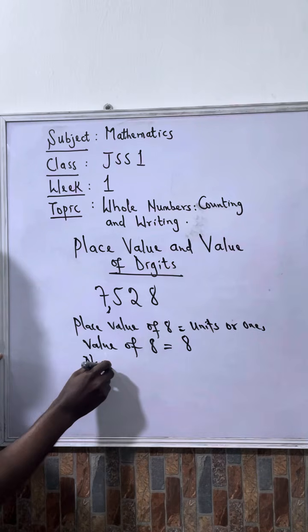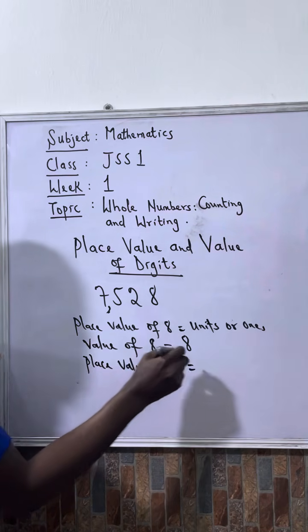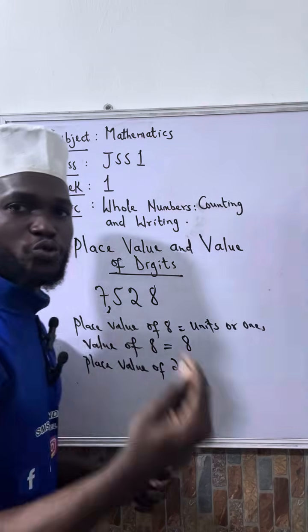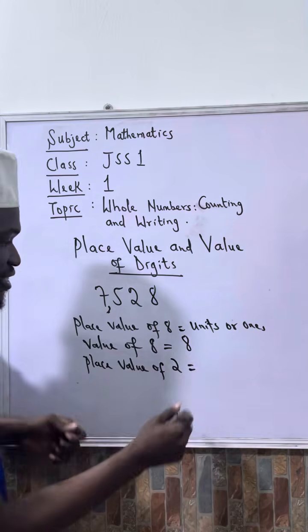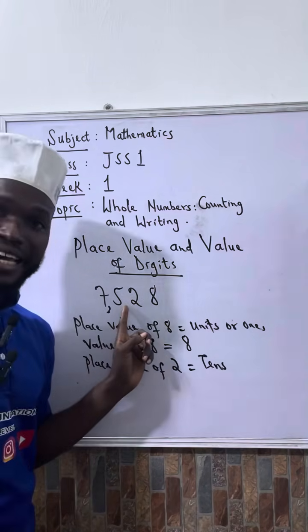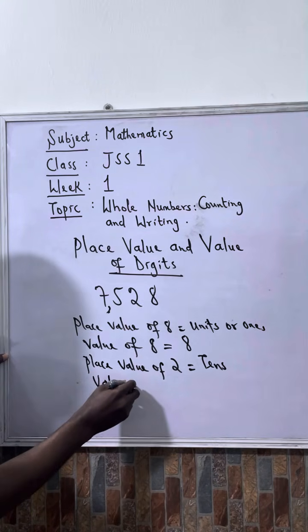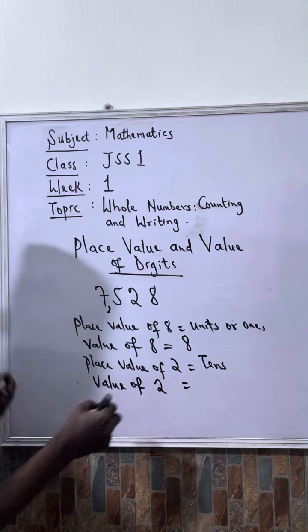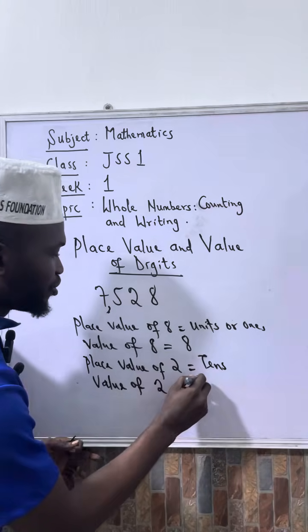So the place value of 2 is equal to, what position does 2 occupy? According to what I've taught you, 2 occupies the tens position. So that means 2 is tens. Now, how do we know its value? Value of 2 will be equal to, first of all, write that 2, no matter what.